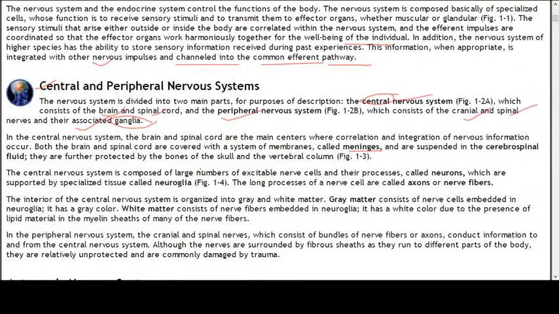They are further protected by bones, since just floating is not enough. Those bones are basically the skull and the vertebral column, where the skull protects the brain and the vertebral column has the main role in protecting the spinal cord.